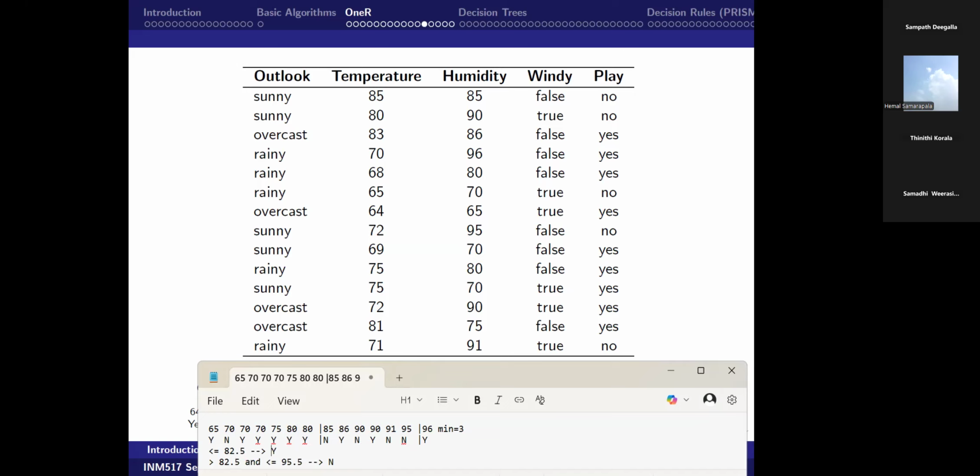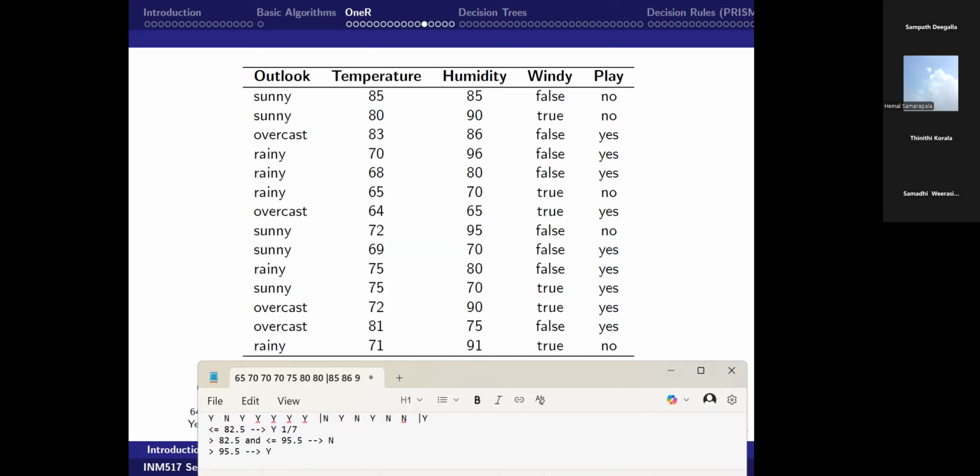Okay, now let's calculate the accuracies. When the value is less than or equal to 82.5, we said the output is yes. So there's one negative instance. The error rate is 1 out of 1, 2, 3, 4, 5, 6, 7, right?